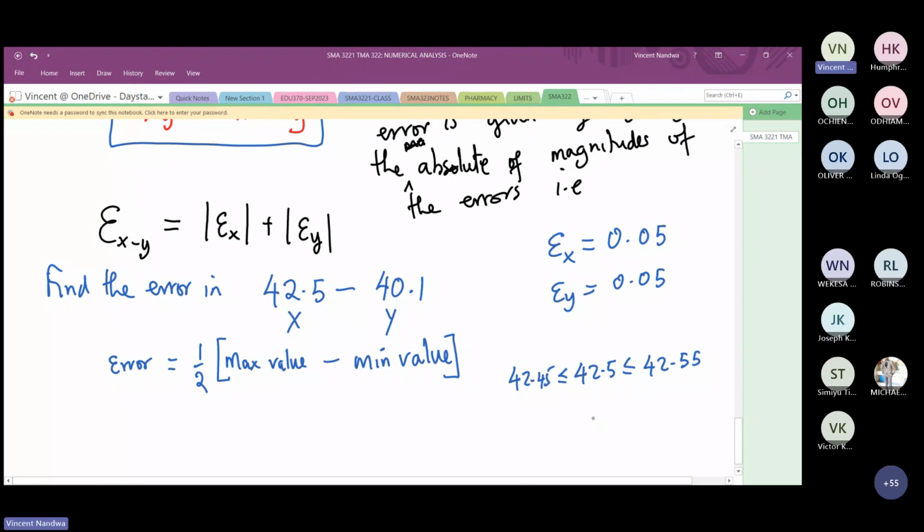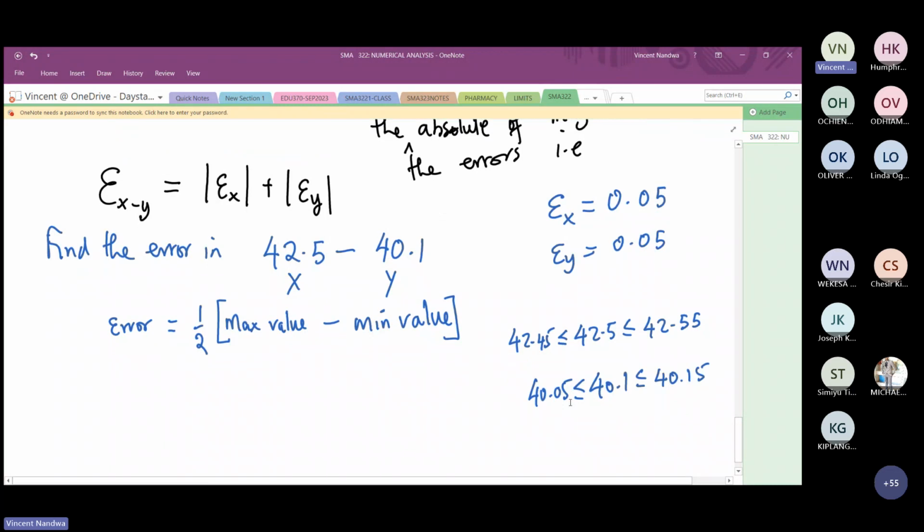And then the number 40.1 is between 40.05 and 40.15. So the maximum is 40.15 and the minimum is 40.05.